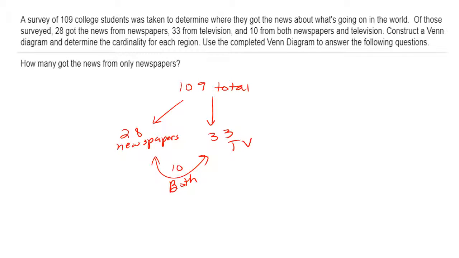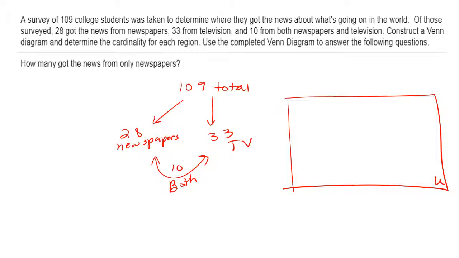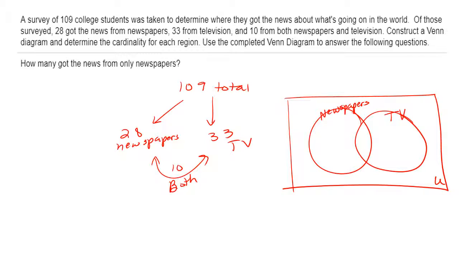So you see, we could construct a Venn diagram with two circles. One circle would stand for newspapers. The other circle would stand for TV. The 10 in the middle that get their news from both of these avenues would be right here in the intersection between newspapers and TV.